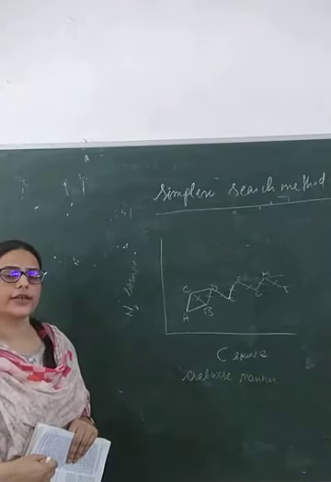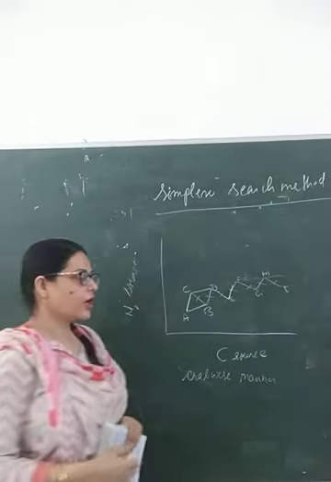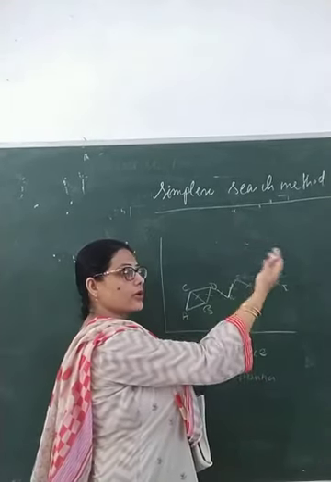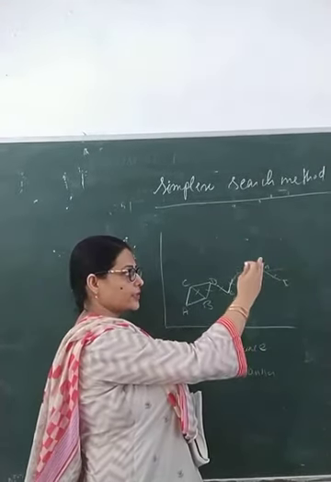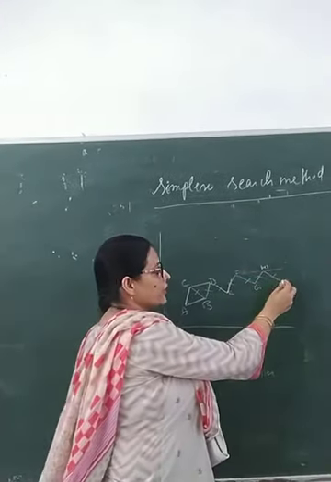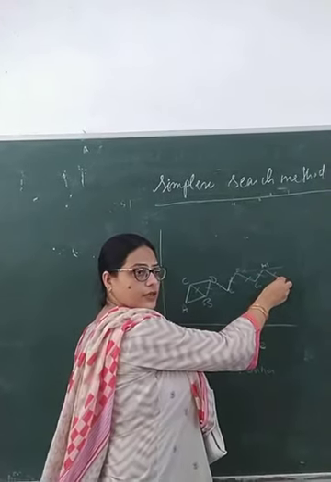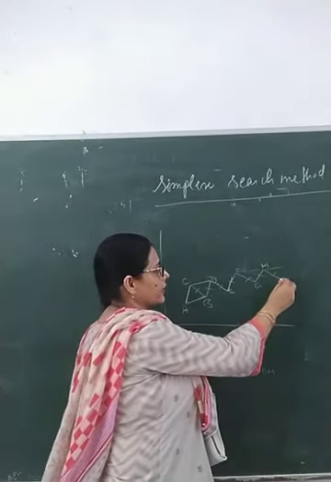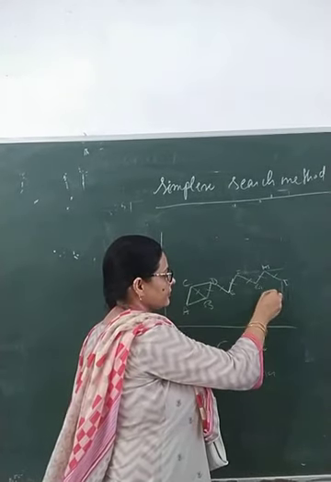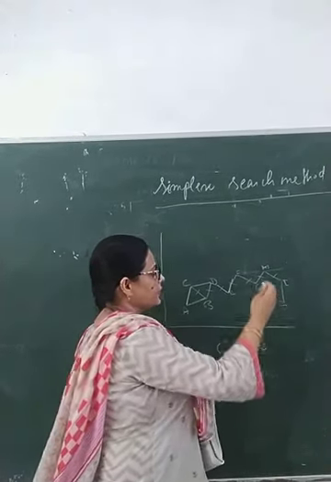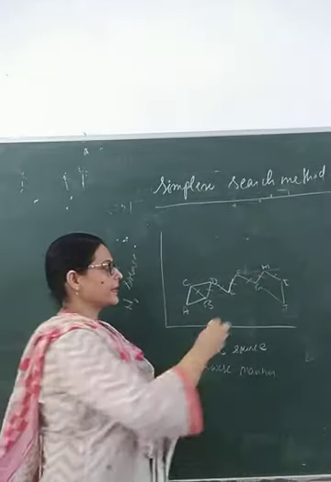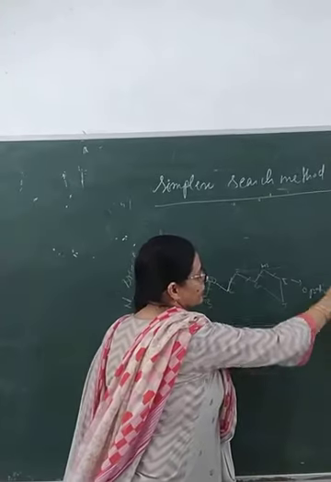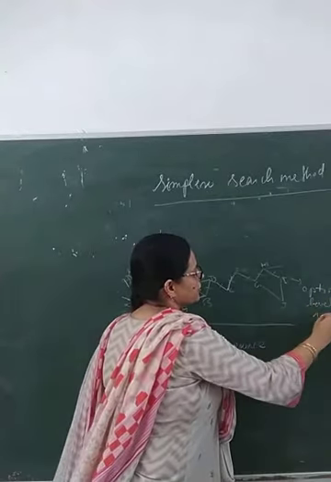Now how do we decide that the optimum has been reached? The optimum is reached when the values which we are taking are no longer giving a good response, but the response is decreasing. In that case, the simplex will turn and overlap with the older one like this. Now the simplex is turning and overlapping. This means that the optimum level is reached.